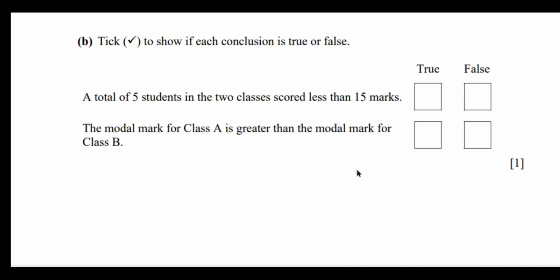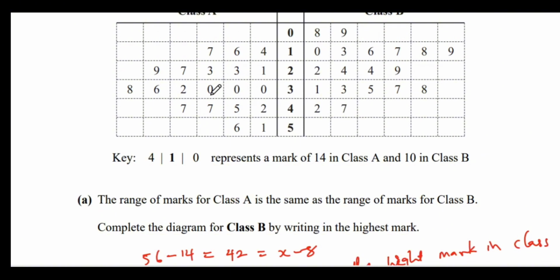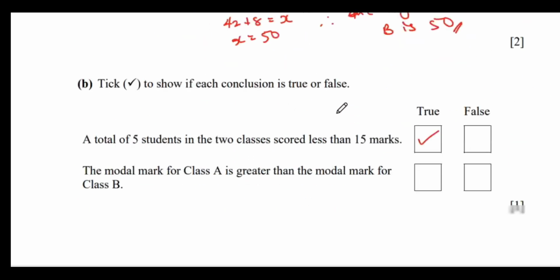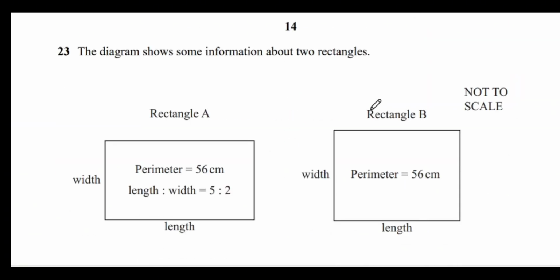So that's true. Then for the modal mark, they say that the modal mark for class A is greater than the modal mark for class B. So let's find the modal mark of class A. That's 30, while the modal mark here is 24. So it's obvious that 30 is more than 24. So it's true that the modal mark in class A is greater than the modal mark in class B.